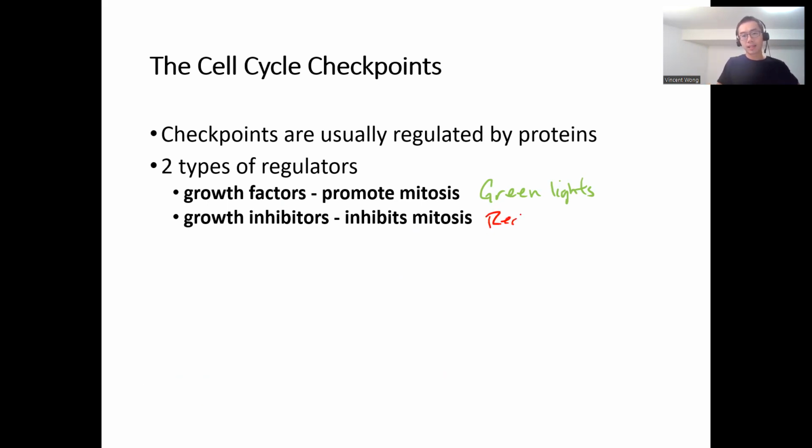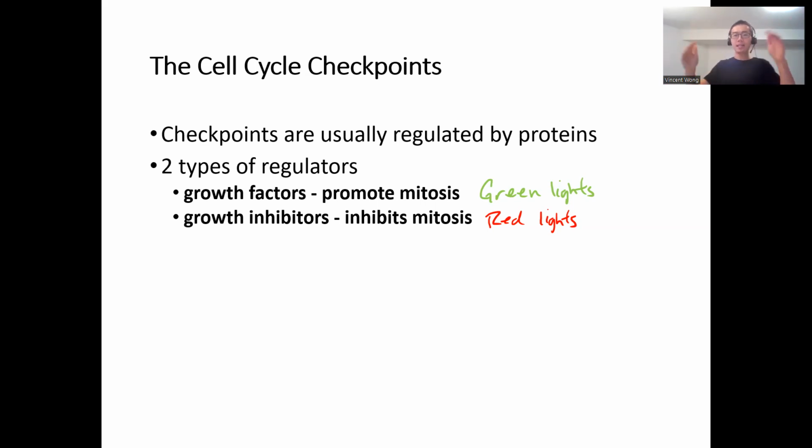These are the red lights. They stop the cell from going through the cell cycle, and it could be for various reasons. Maybe the DNA is damaged, maybe we don't have enough resources, maybe the telomeres are too short. There are a bunch of reasons why we want to stop the cell from dividing.